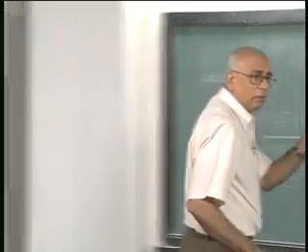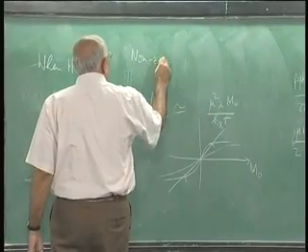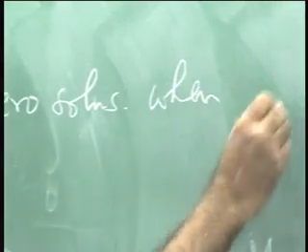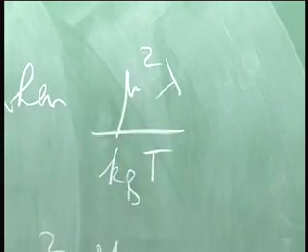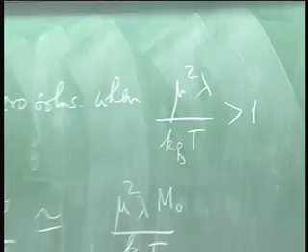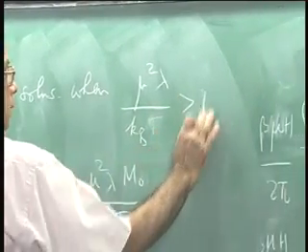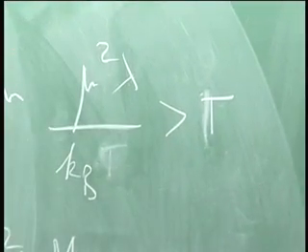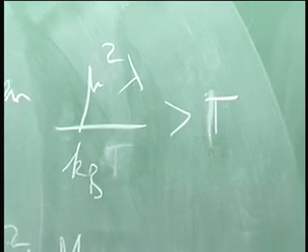So you have a non-trivial, non-zero solution when the slope mu squared lambda over k_B T is greater than unity, which implies that T is less than mu squared lambda over k_B. That is your critical point or Curie point.